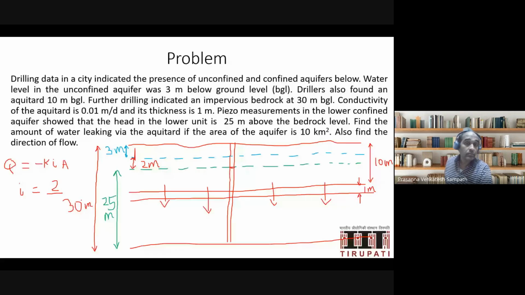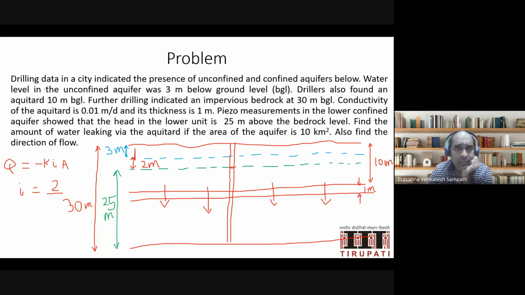And what should the distance over which this head difference is acting be? Would it be easier if I mentioned it in this format?